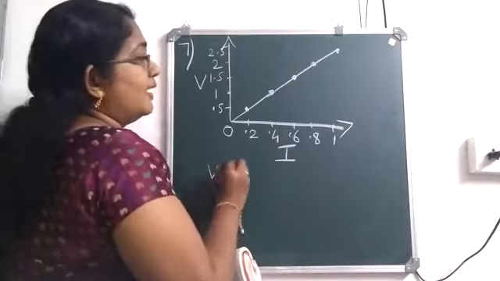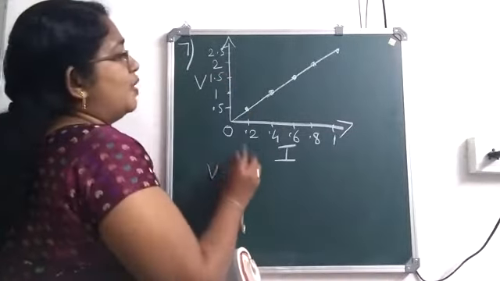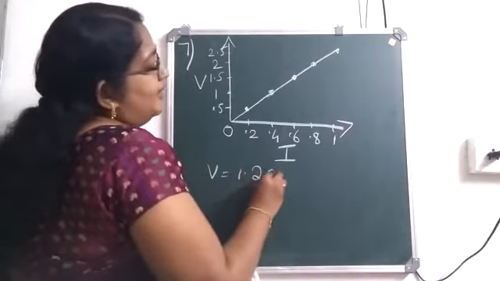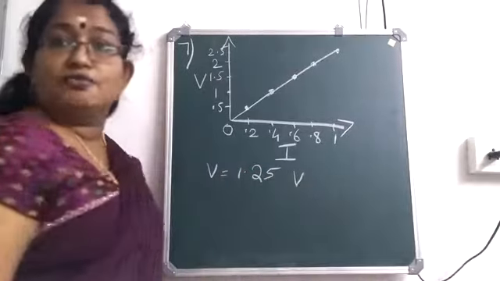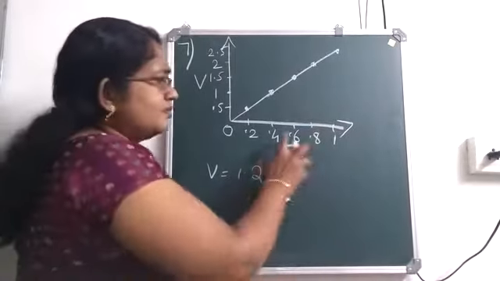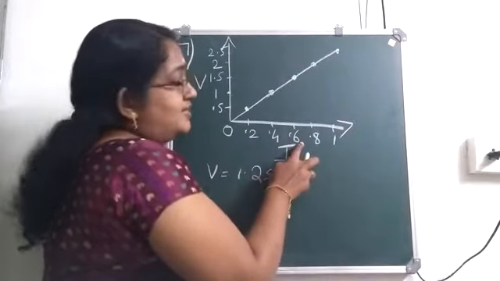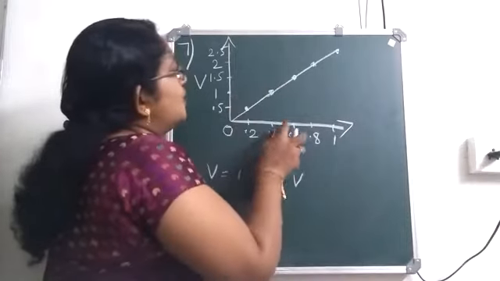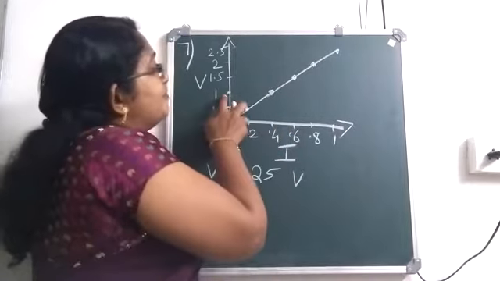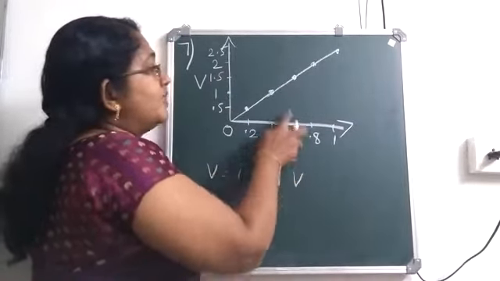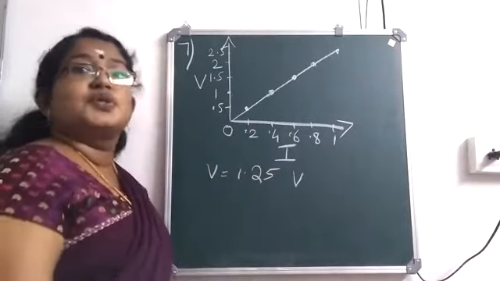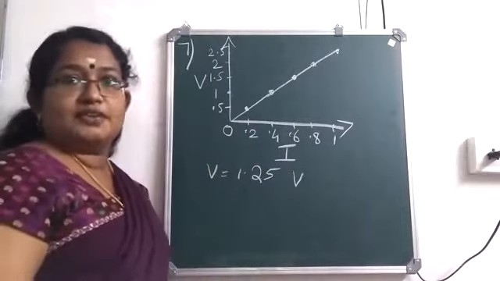V will be between 1 and 1.5. What will be the answer? It will be 1.25 volt. Is it clear? 0.5 comes between 0.4 and 0.6. So, here corresponding to 0.4 we have 1. Corresponding to 0.6 it is 1.5. So, the center is 1.25.